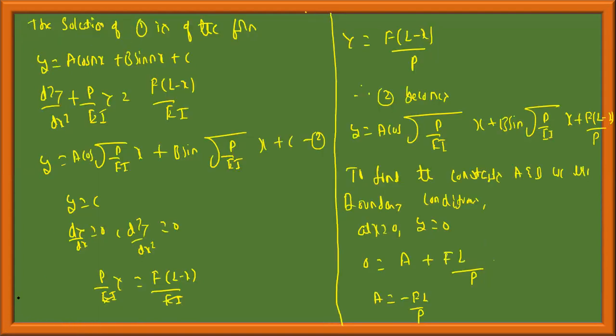Next boundary condition I will make use of. I will write this of the form y is equal to a cos lambda x plus b sin lambda x plus f of (L minus x) by p, where lambda is equal to root(p by EI) for simplicity.